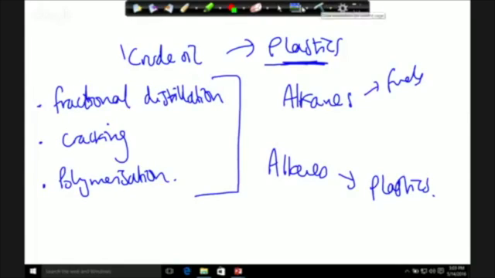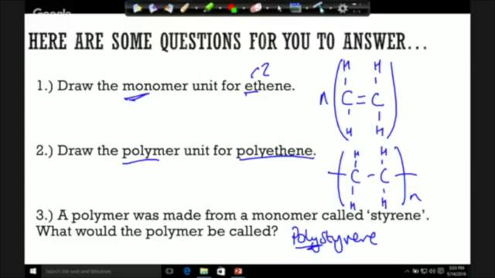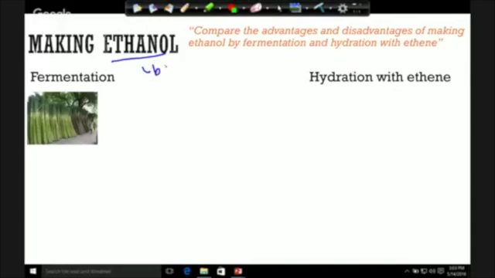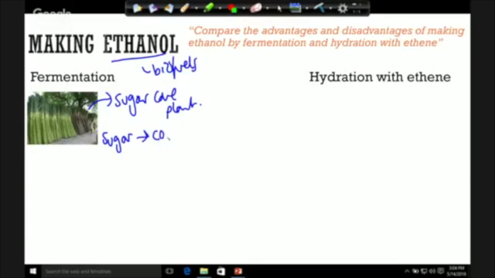Okay, so that's fractional distillation. We're going to go on now to talk in a little bit more detail about ethanol. We briefly came across ethanol earlier when we were talking about biofuels. And when we're talking about biofuels, we're talking about this method here, fermentation, whereby you use a sugarcane plant, and yeast will help break down the sugar into carbon dioxide and ethanol.